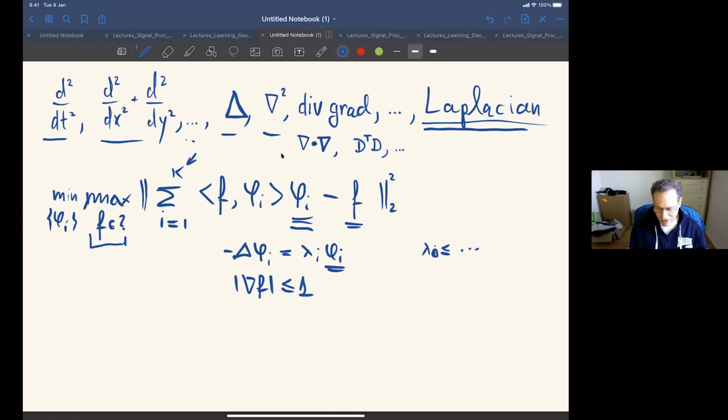So this was the reason for looking at the eigenfunctions of the Laplacian. They are the best basis needed in order to represent smooth functions. These are smooth functions, and this is great. We know that if we would like to represent functions, and all we know about these functions is that they are smooth, we have a perfect basis to work in, again, in the L2 sense.